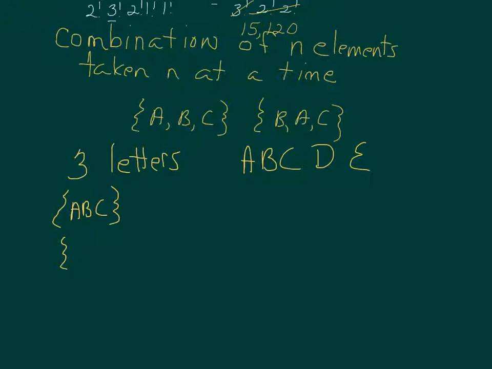What else could we choose? ABD. And we could choose ABE. So is it 12? We could choose ACD.